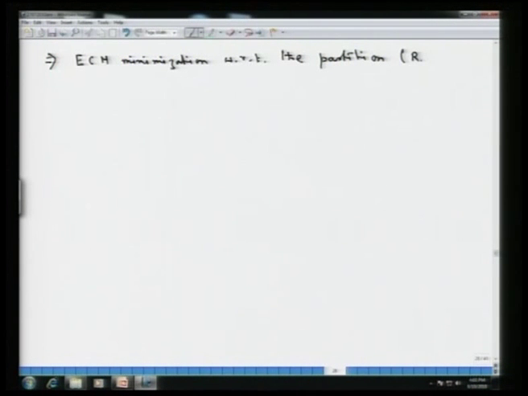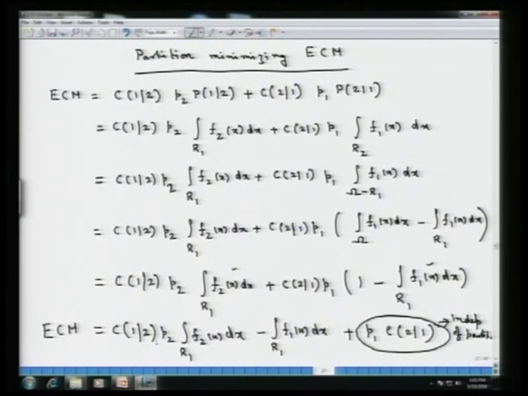The partition is our R1, R2, is equivalent to minimization of the following quantity, of this first expression here. I missed out something, this constant also comes in here.